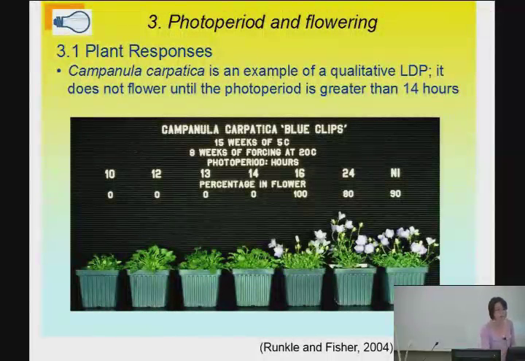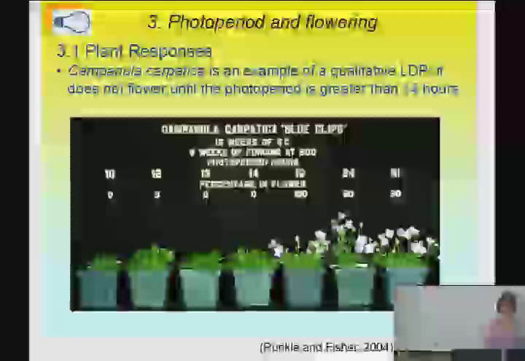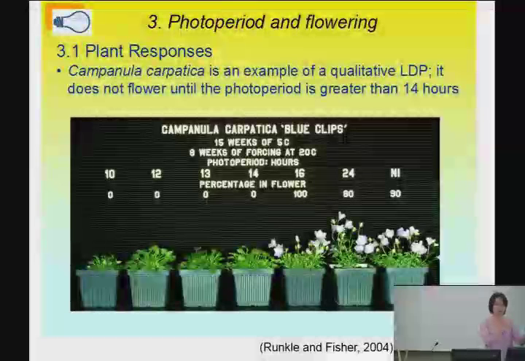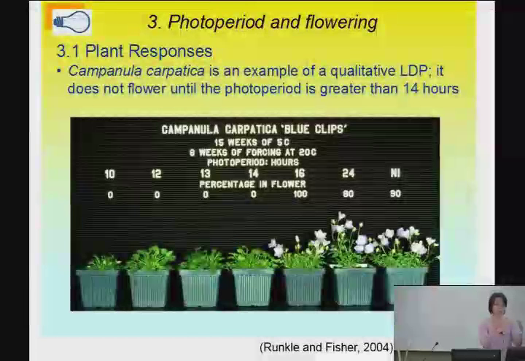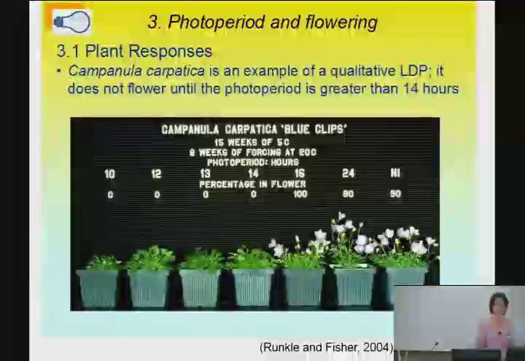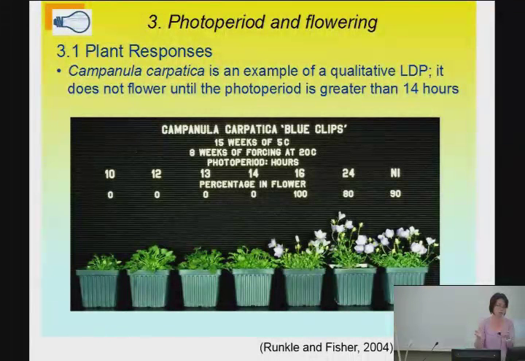It has to be greater than the critical threshold, right? But it's in the middle, so the threshold is in the dark period. So if you add 4 hours in the middle of maybe 18 hours of dark period, that means breaking it up into 7 hours and 7 hours, right?